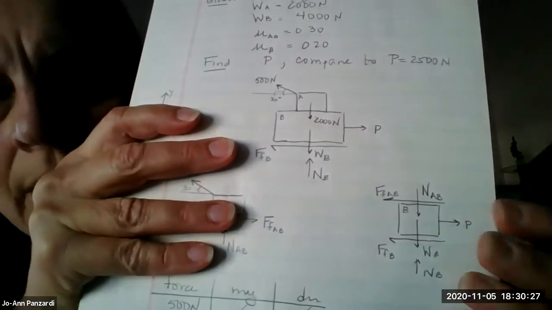And remember, the question is asking for P. So another thing I do in my free body diagram, you guys, is I circle P, because that's what I have to find. They don't care what the frictional forces are. They just want to know what P is.